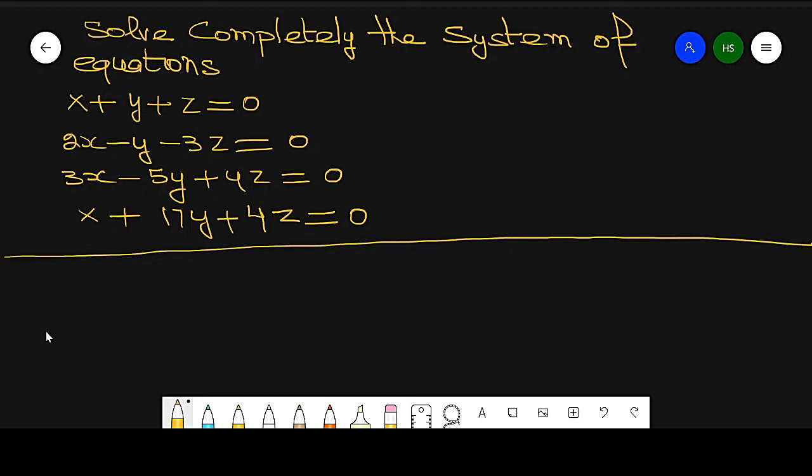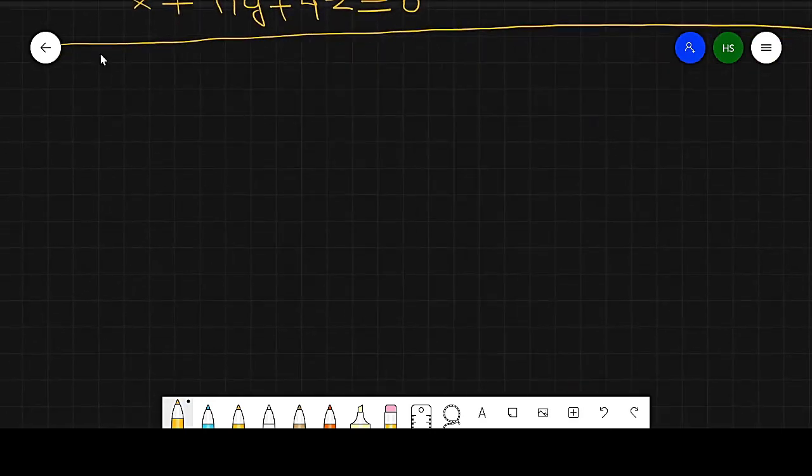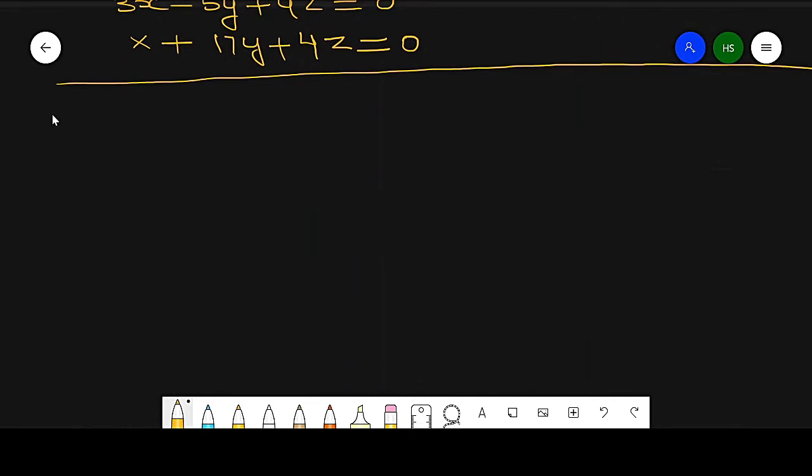Now, the first step is to write this equation in the matrix form. So what is that matrix form?